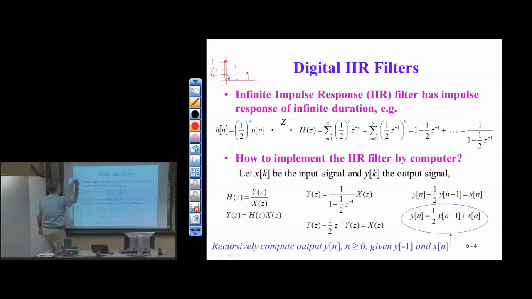And it's 0 in amplitude before n equals 0. So in this case, we have again a decaying exponential sequence. It starts at 0, which is enforced by multiplying by the step function u of n.